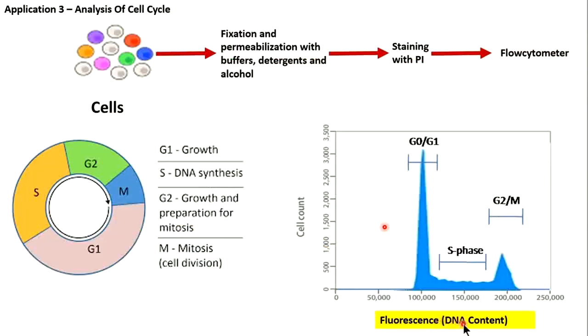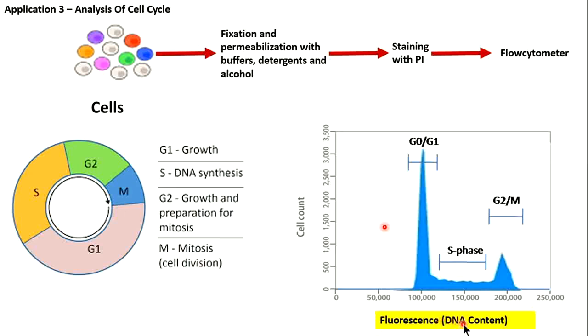Now, we can analyze the cell cycle of a system, right? So we have a question now. The question is, you are given, for example, a certain number of cells, say 10,000, 50,000, 60,000, whatever.